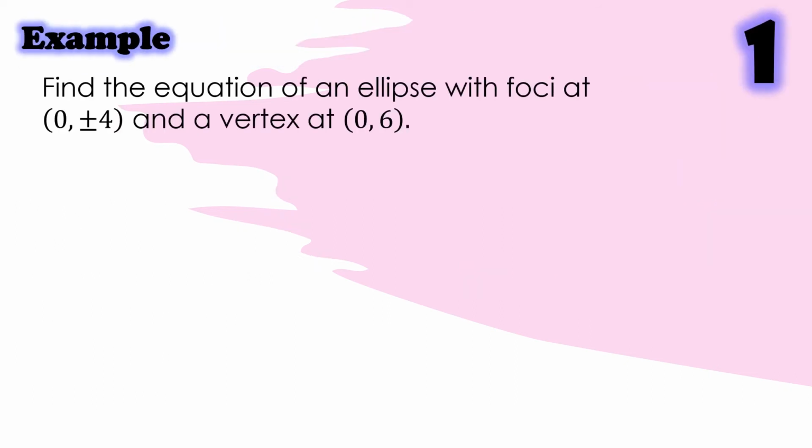Find the equation of an ellipse with foci at 0, positive negative 4, and a vertex at 0, 6. We have our given information. F prime at 0, negative 4, F at 0, 4. Also, we are given a vertex at 0, 6. Since the foci lie on the y-axis, the major axis of the ellipse is along the y-axis.